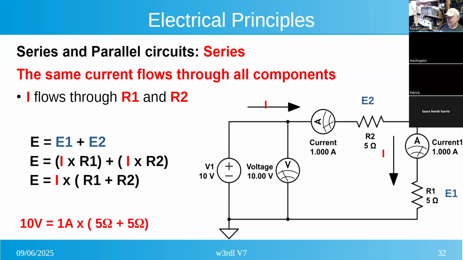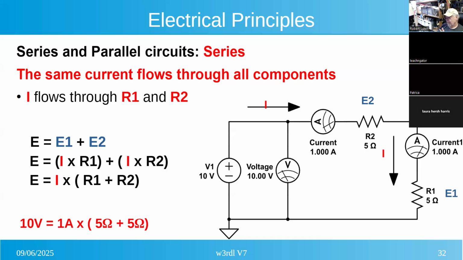They cause the current to go down. So they reduce the strength of it? They provide an opposition to current flow. Right. So the higher the value of the resistor, the more opposition there is and less current flow.